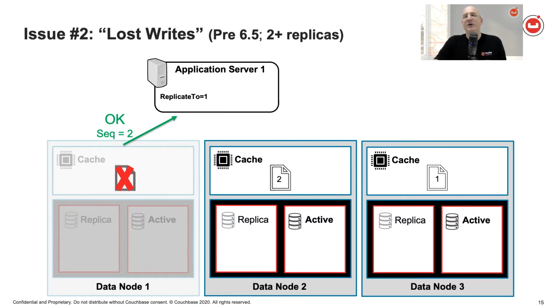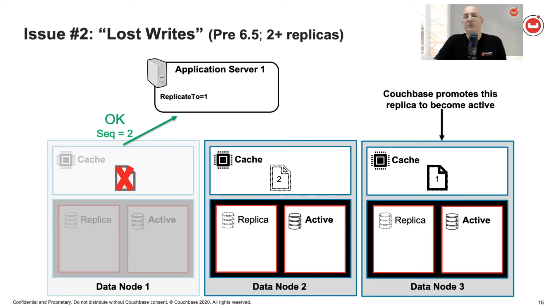So now Couchbase initiates a failover process. But in the previous versions of Couchbase before 6.5, in case of a failover, Couchbase randomly selected the vBucket to promote. Since there are 2 replicas, Couchbase might decide to promote the replica on node 3 instead of the replica on node 2.